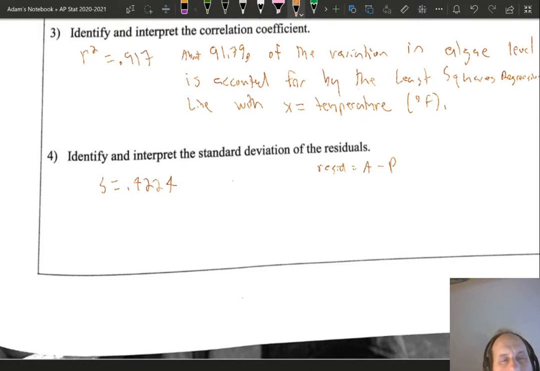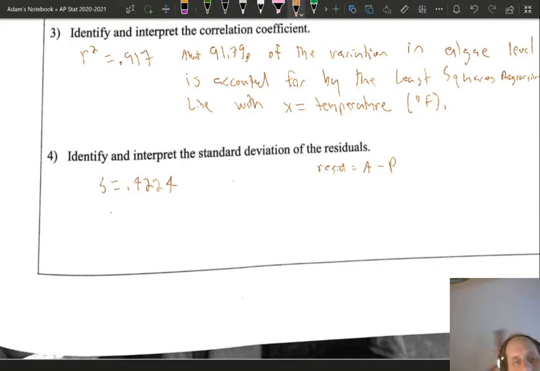So what this is saying is that your typical residual is 0.4224. So the typical actual minus predicted algae level is about 0.4224 units.